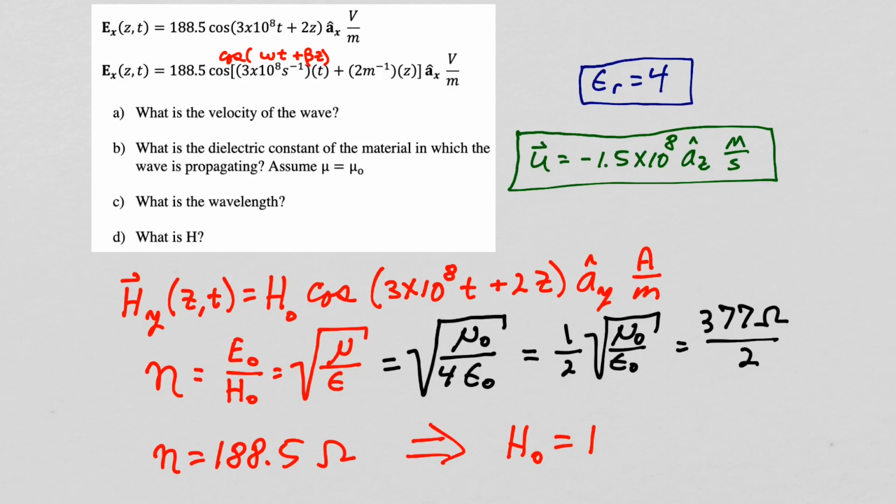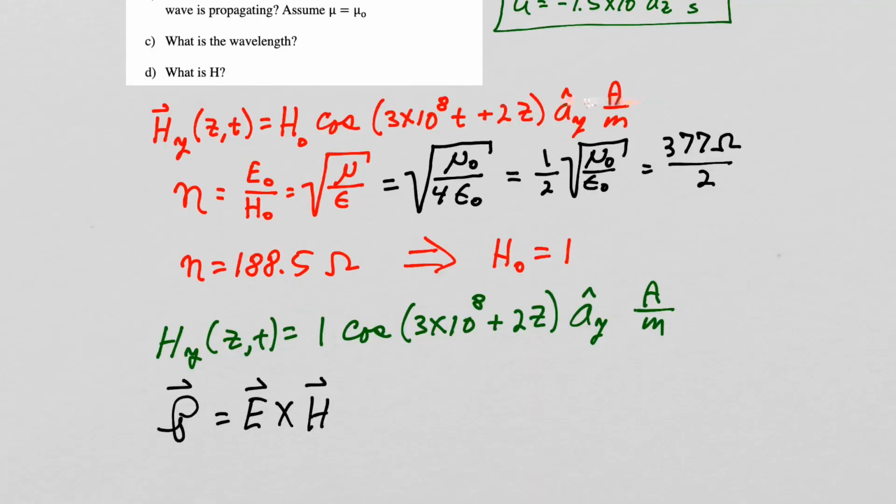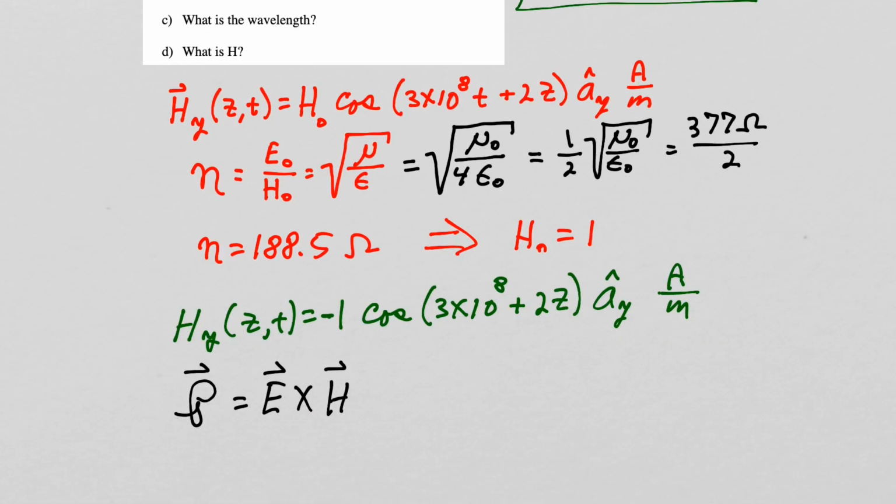So here's what we have so far for our magnetic field intensity, but we have to check one more thing. We know our wave is propagating in the minus z direction, so our power flow has to be in the minus z direction. So E cross H has to point in the minus z direction.